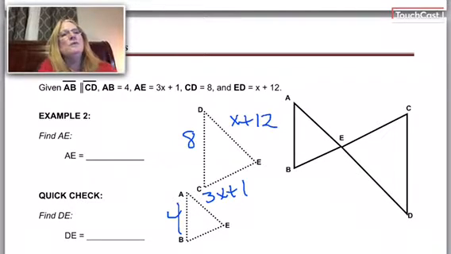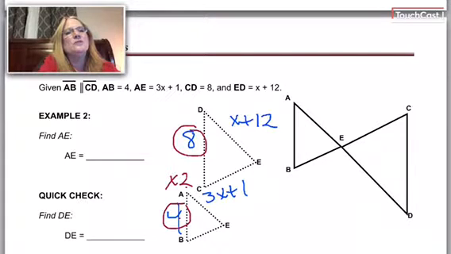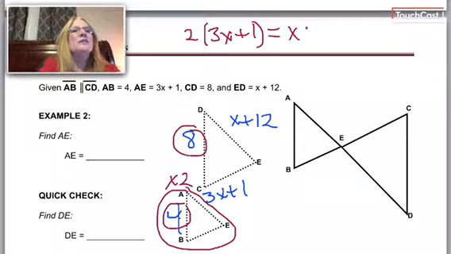Okay, there's more than one way to do this, but what I notice is I have a 4 and an 8. And so if these are similar, I see I have a scale factor of times 2, because 4 times 2 is 8. So one way to solve this is any side here, if you multiply it times 2, you get the corresponding side. So I would say 2 times 3x plus 1 is equal to x plus 12.